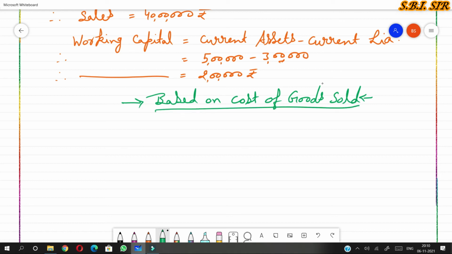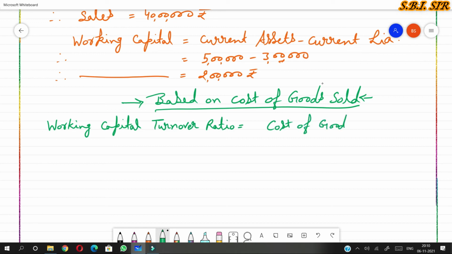The formula of working capital turnover ratio equals cost of goods sold divided by working capital.